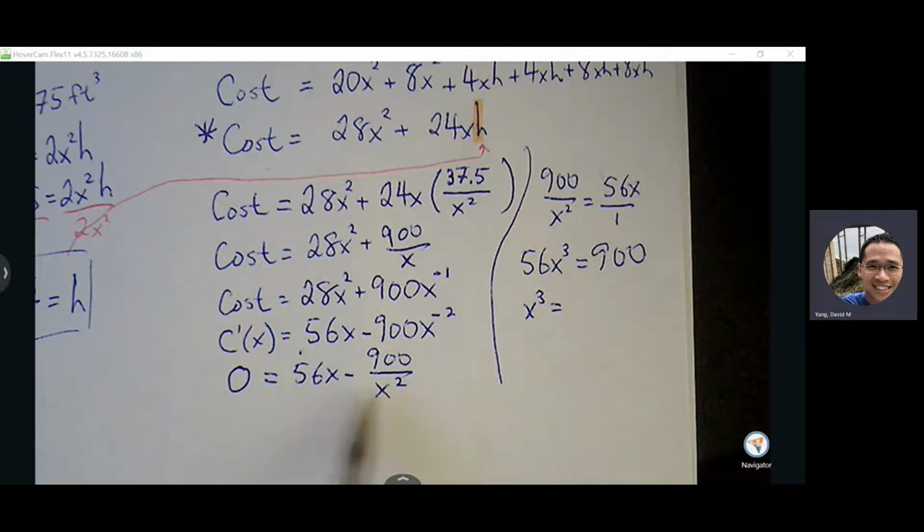I added the 900 over x squared to the other side so that I can divide by negative, but when both sides are negative, I can just take it out.